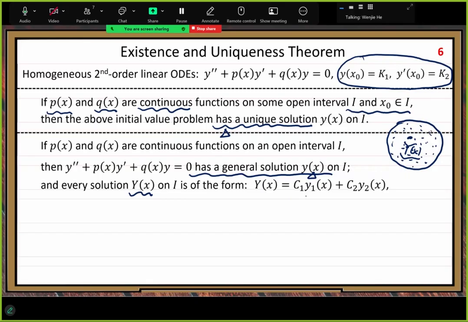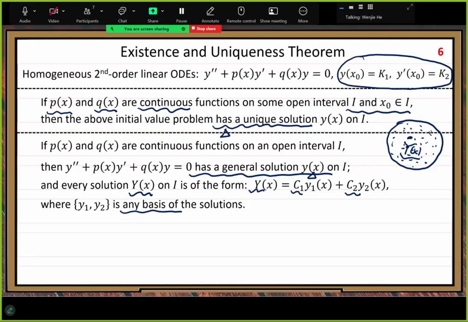It's not important whether to use capital C or little c. I think the author uses capital because here it is capital Y, but that is not important. Where little y1, little y2 is any basis of the solution.